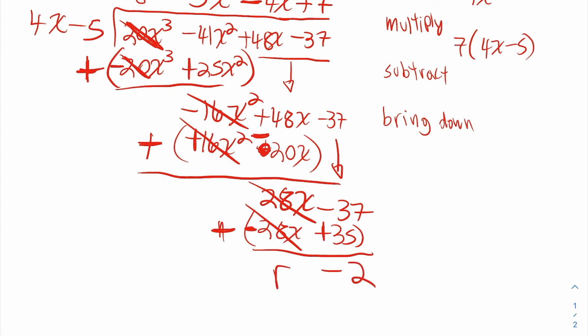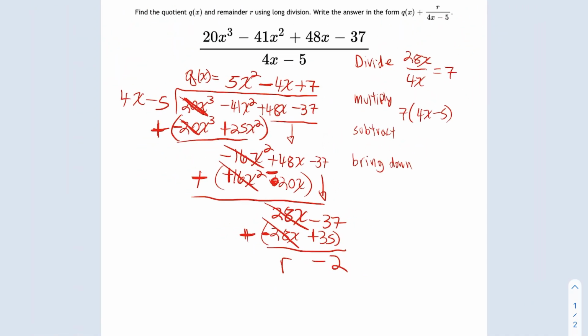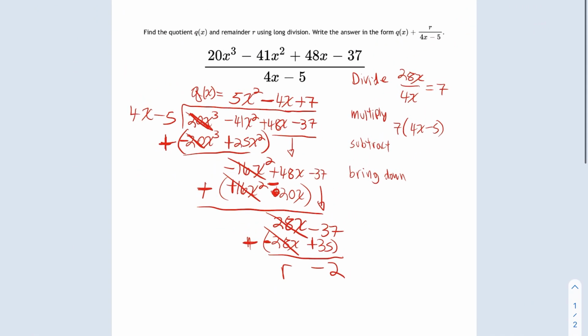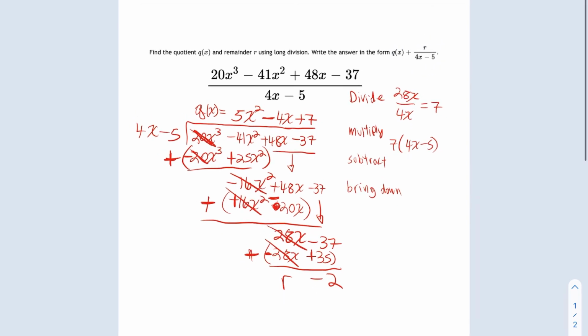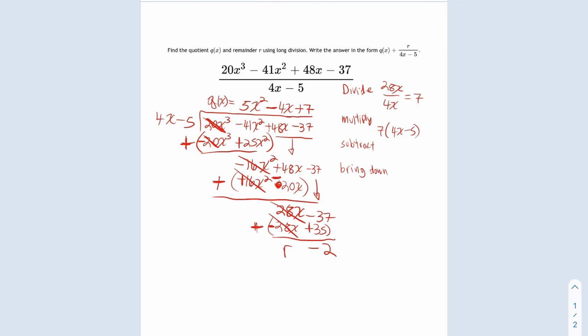That is the remainder. So the original problem said to write the answer in the form q of x plus r over 4x minus 5. So here's how we write the final answer then. Q of x is 5x squared minus 4x plus 7.